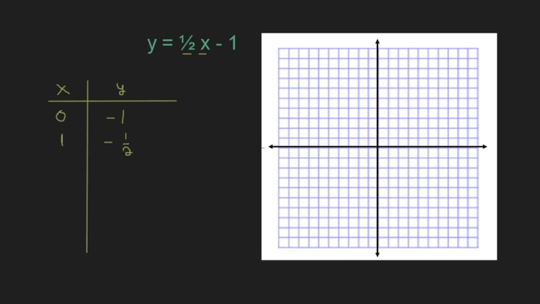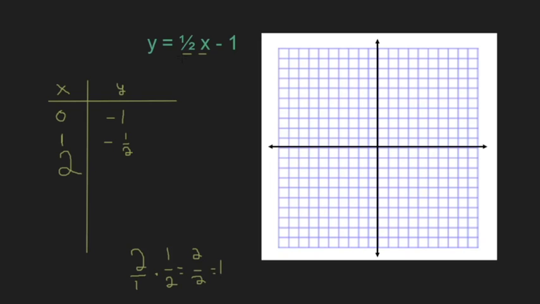We only need 2 points to make a line, but we can keep going. Let's say x is equal to 2. What's 2 times 1/2? 2 as a fraction is 2 over 1, times 1/2. 2 times 1 is 2, 1 times 2 is 2, and 2 divided by 2 is 1.